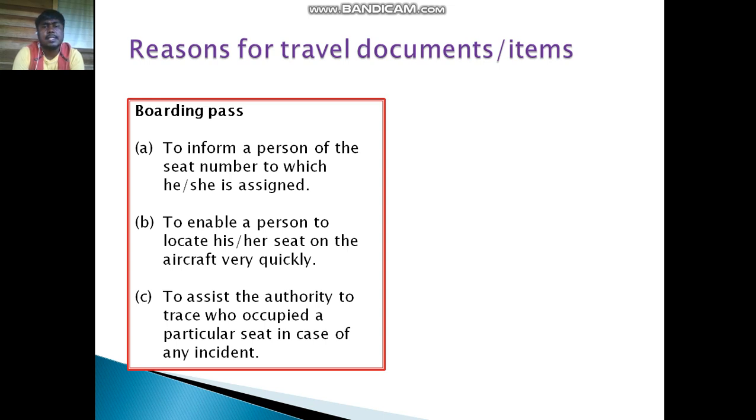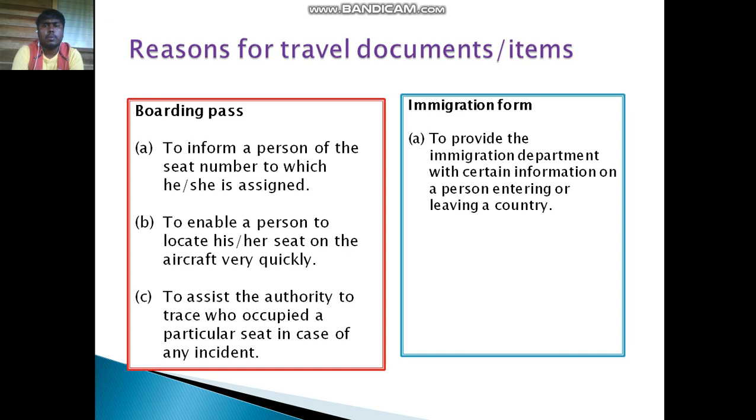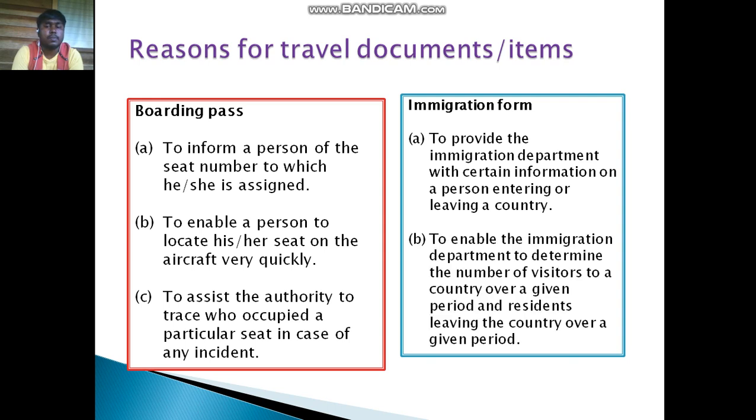Immigration form: to provide the immigration department with certain information on a person entering or leaving the country, to enable the immigration department to determine the number of visitors to a country over a given period and residents leaving the country over a given period.